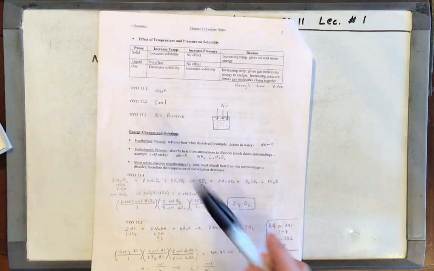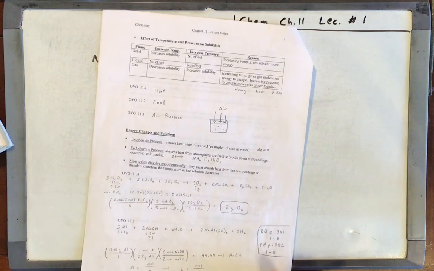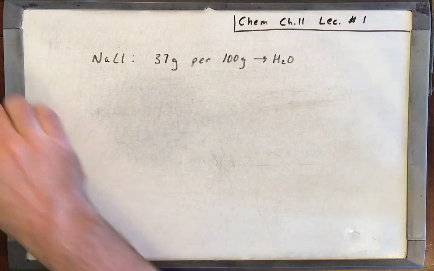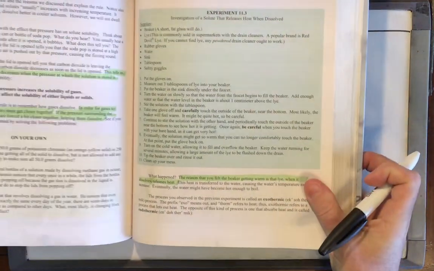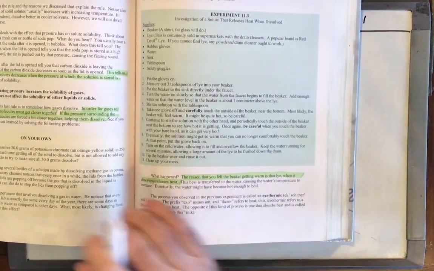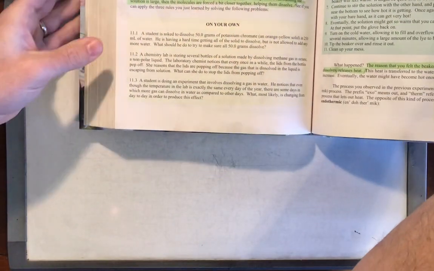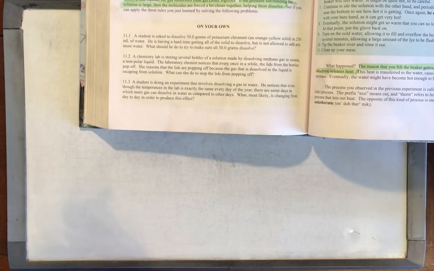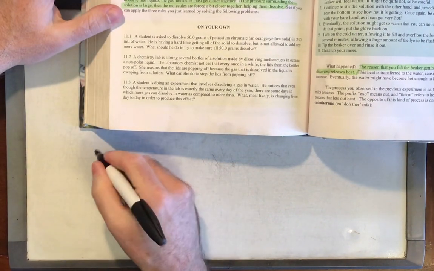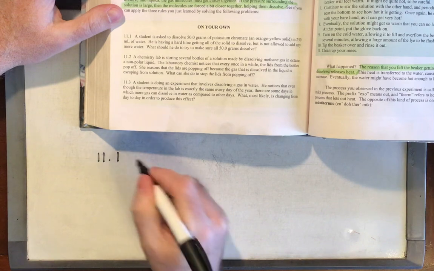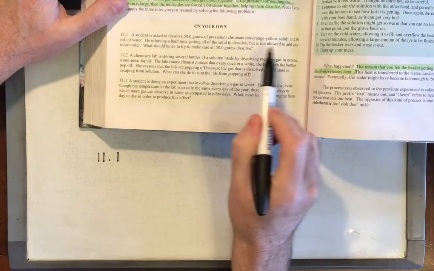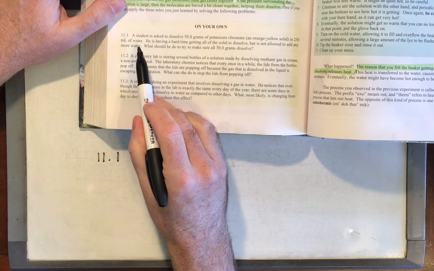Let's look at on your own 11.1, 11.2, and 11.3 real quick. So in your book, we are on the bottom of page 362. In 11.1, a student is asked to dissolve 50 grams of potassium chromate in 250 milliliters of water.